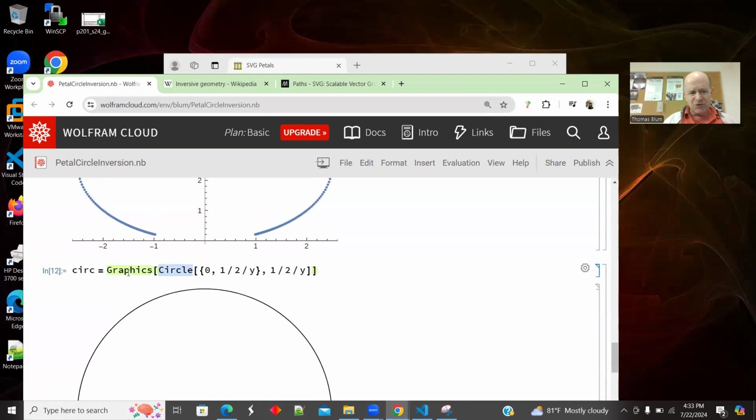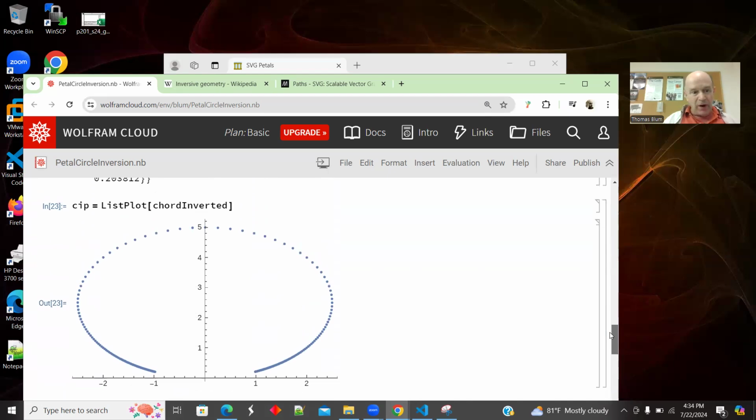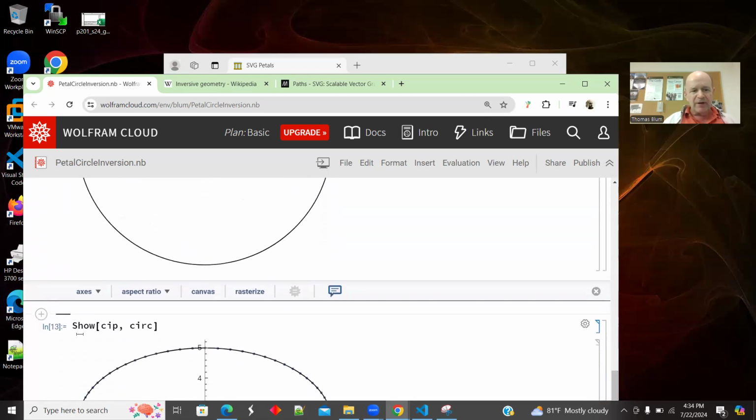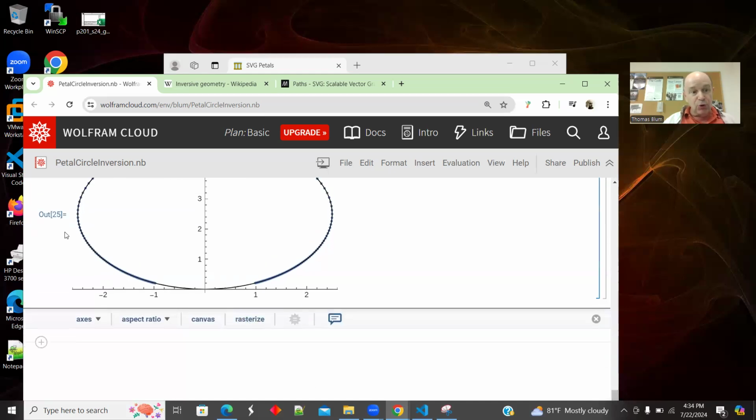So I defined that circle, and then I use this graphics method to draw it. And there we go. Now, it didn't give me a coordinate system, but there is indeed one implied. And then if I bring them together with Show, we see here that all these blue dots are my inverted chord, and the black is my circle. And you see it's just that little bit more.